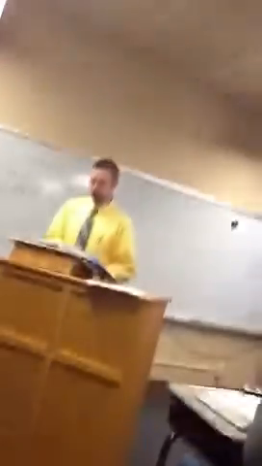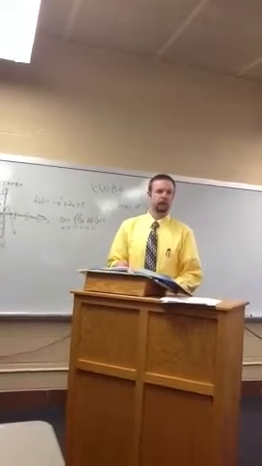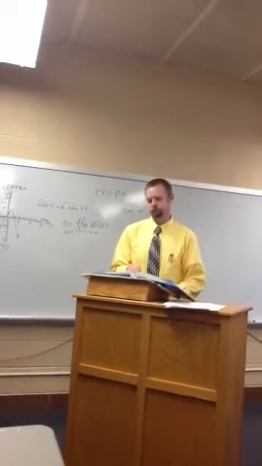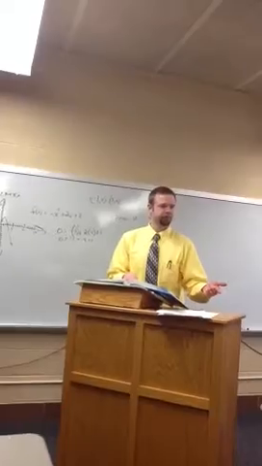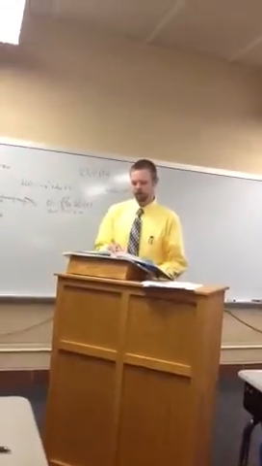So to find the axis of symmetry, when there is 1 zero, which of those graphs, A or B, has 1 zero? A. What is the x-axis, the 0 there? What's the point?